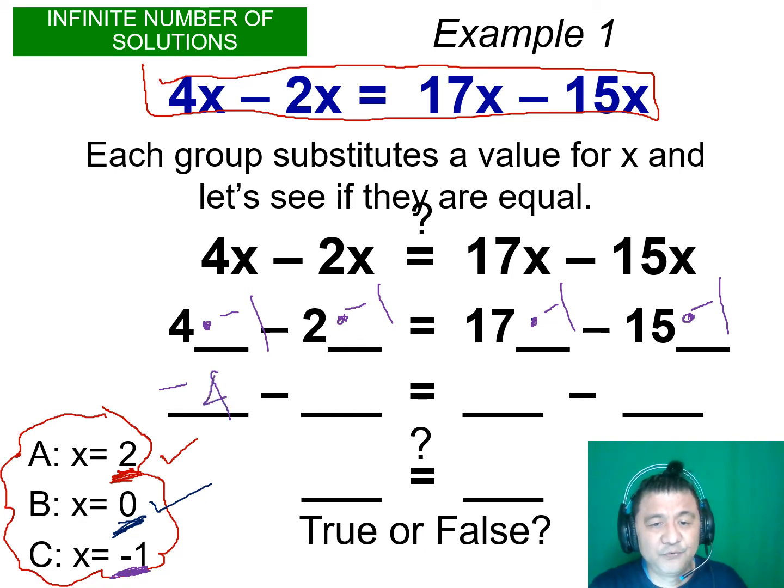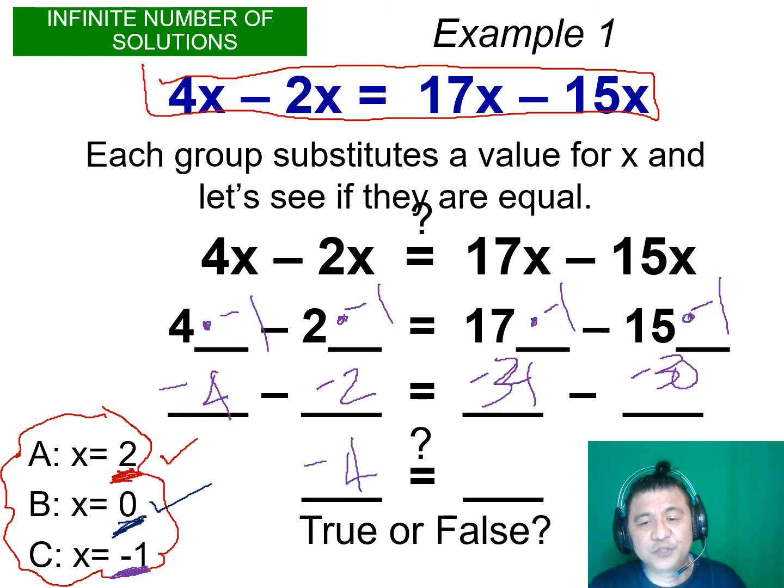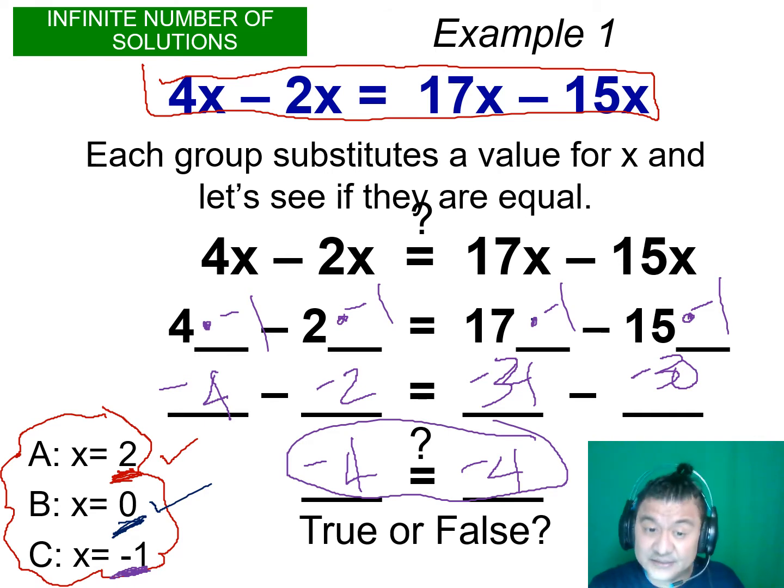So negative 4 minus a negative 2, and negative 34 minus a negative 30. Keep, change, opposite: that's negative 4. Keep, change, opposite: negative 34 plus 30 is negative 4. Is negative 4 equal to negative 4? Yes, that's a true statement. So we can say the solution could be negative 1.